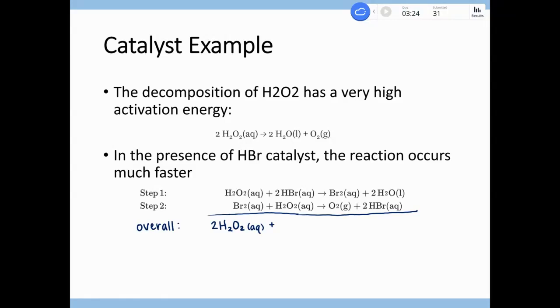So these get canceled out, but this is not an intermediate. This is different. It cancels out like an intermediate, but as a catalyst, remember the definition of a catalyst is that it gets regenerated. So it's first used up as a reactant to help the reaction move forward, and then it's regenerated by the end of the reaction. So this is a catalyst. HBr is the catalyst.